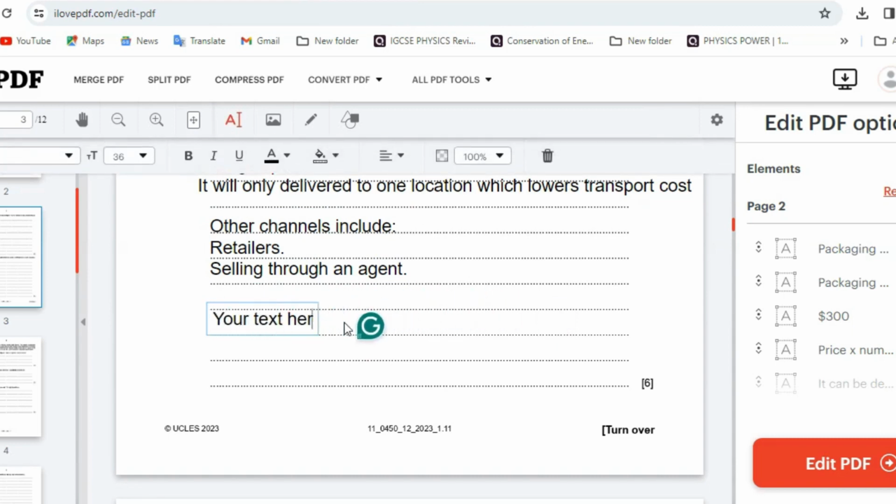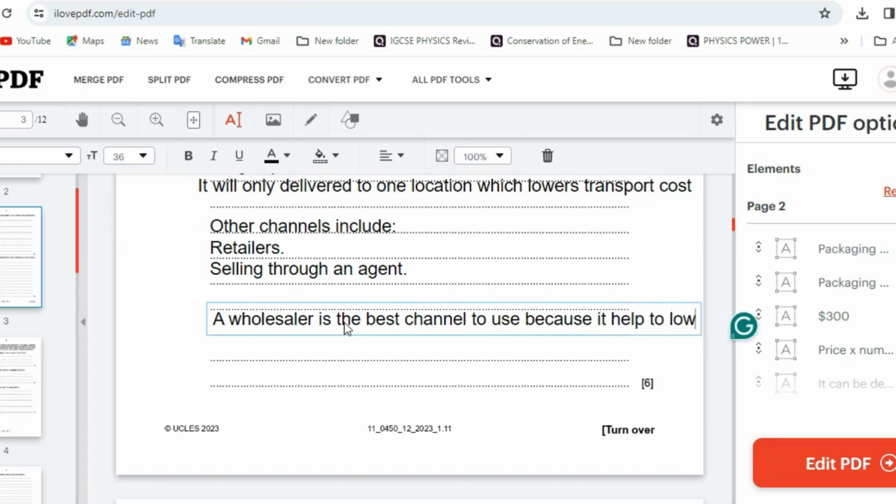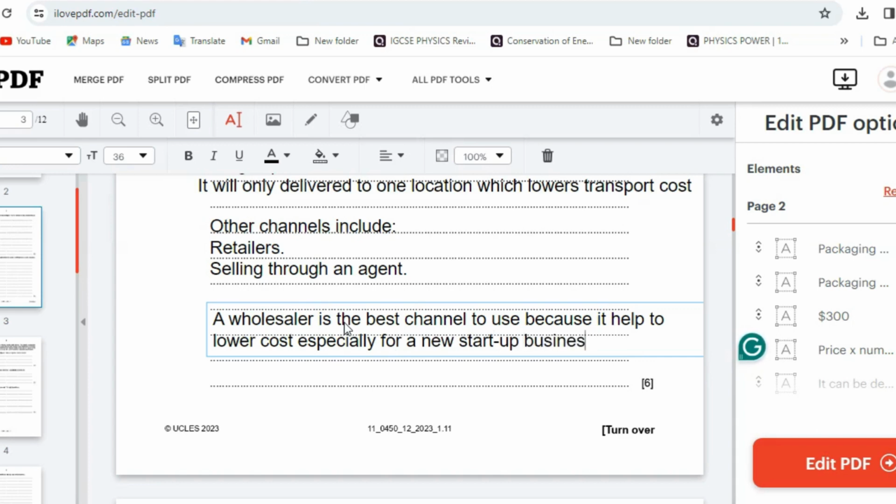A wholesaler is the best channel to use because, you have to give your reason, it helps to lower cost, especially for a new startup business.